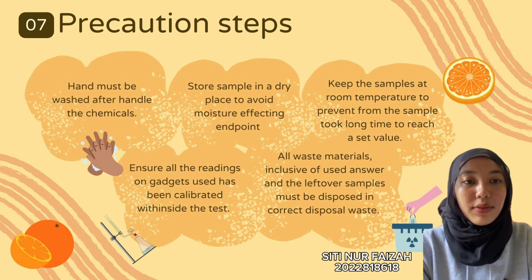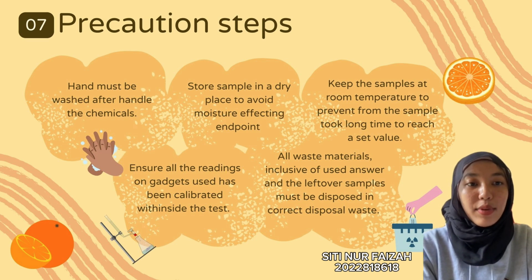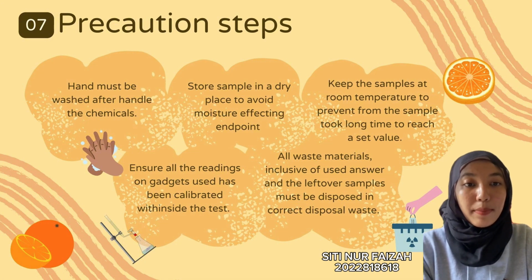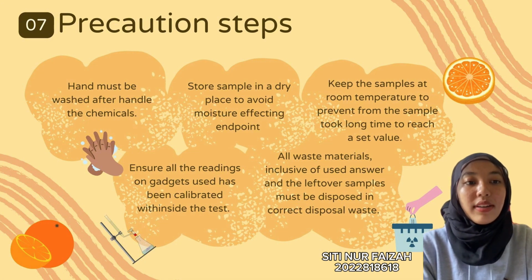Fourth, all the readings on the gadget must be ensured to have been calibrated within the test to identify whether the equipment can be operated or not. And lastly, all the waste materials, including used solution and leftover samples, must be disposed of in the correct disposal ways.